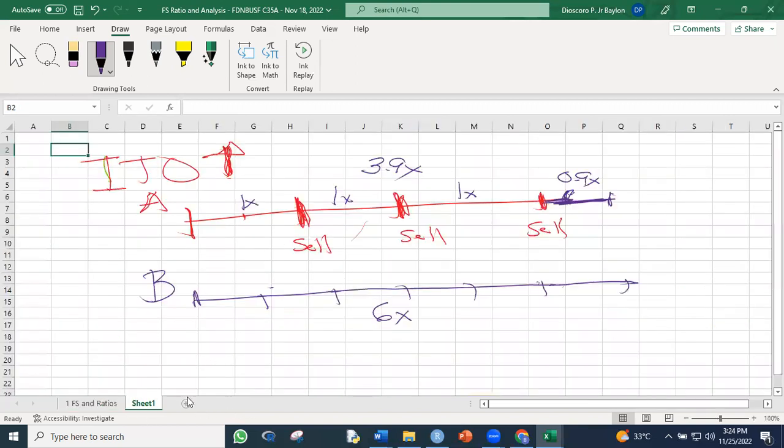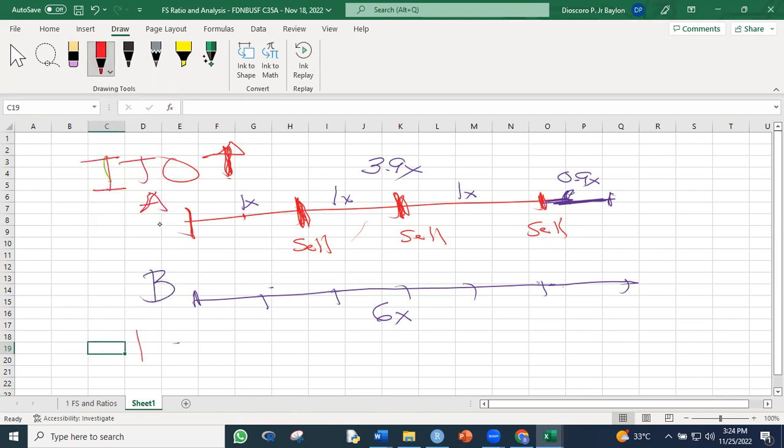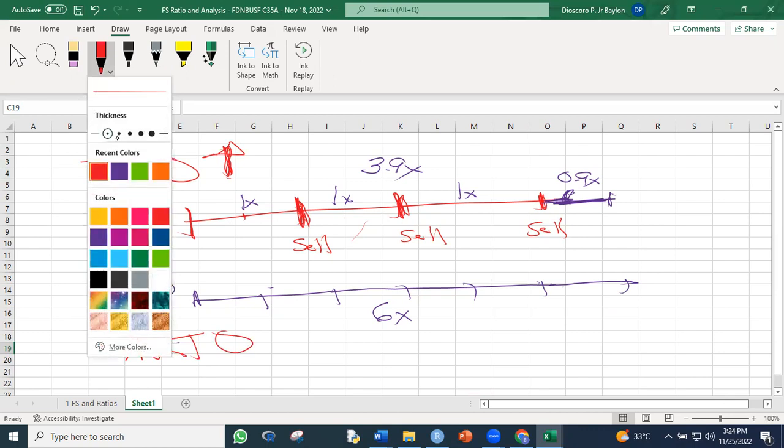So let's take a look at our ARTO, accounts receivable turnover. What does the ARTO measure?